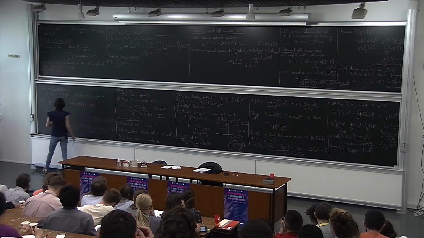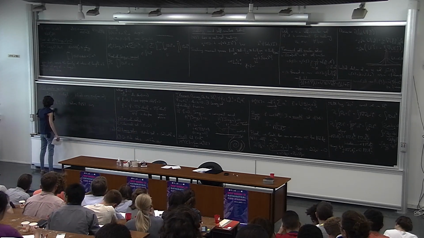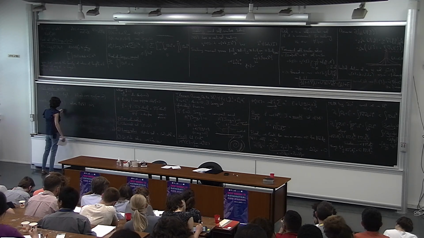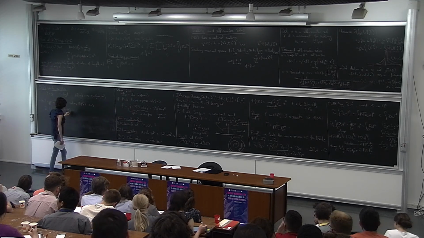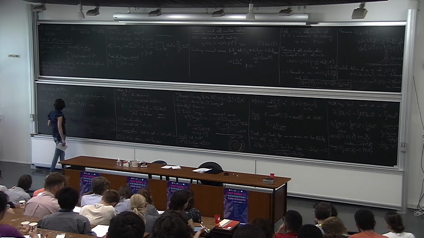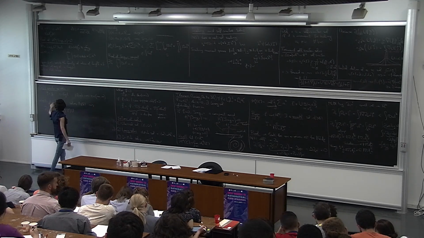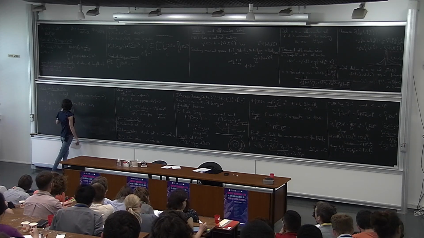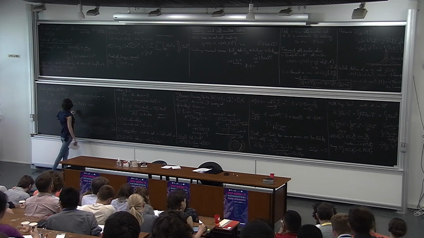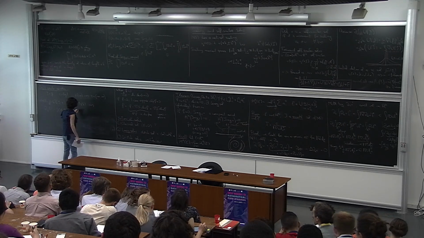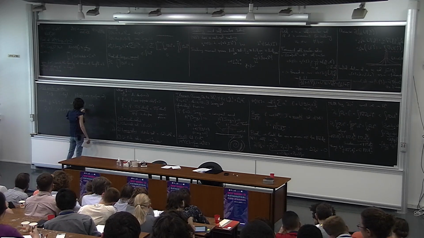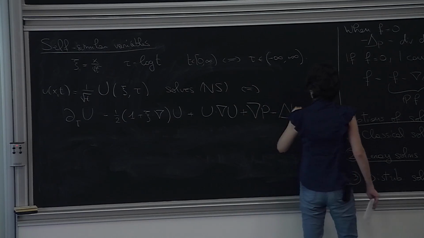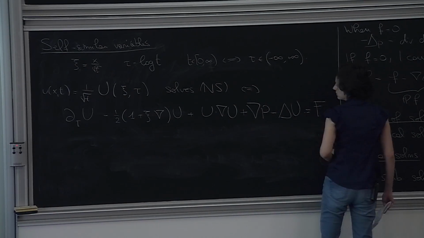So d tau capital U minus 1/2 (1 plus psi dot grad) capital U. This is the extra factor that comes from the time derivative when you use this funny expression. And then I have the standard parts, capital U dot grad capital U, the gradient of the pressure, the Laplacian, and the force.